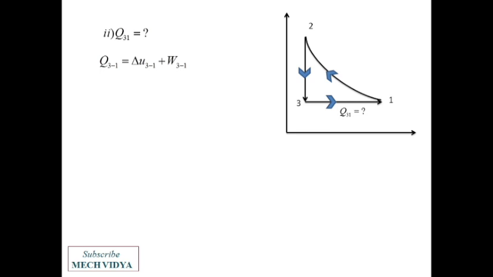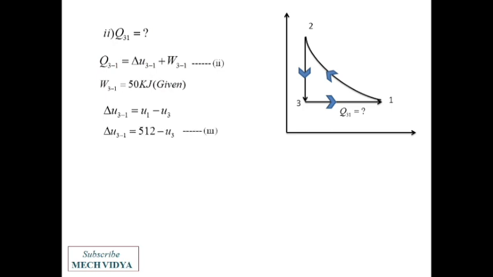In the question W31 is given, it is 50 kilojoule, but del U31 we do not know. Del U31 can be written as U1 minus U3. U1 we know, but we do not know U3. So del U31 is equal to 512 minus U3. Let it be equation number 3.